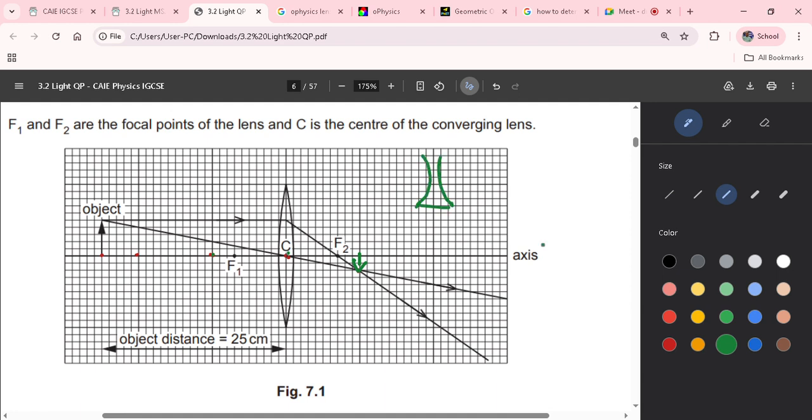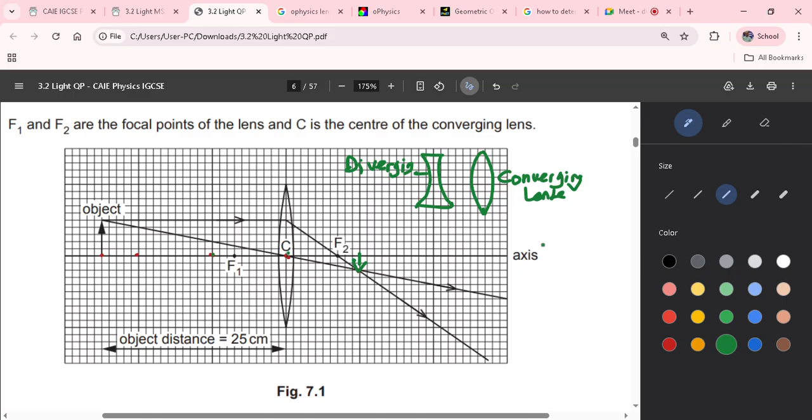This is converging lens. This is diverging lens. Diverging lens spreads out the light, or takes away the light, but converging lens will focus the light, like a magnifying glass.